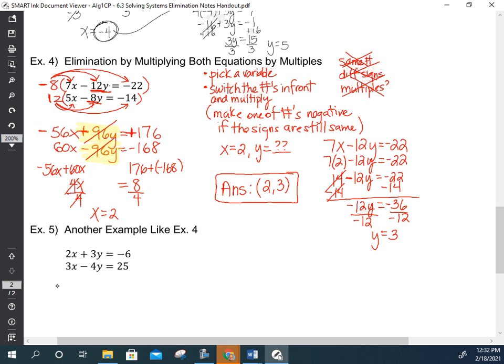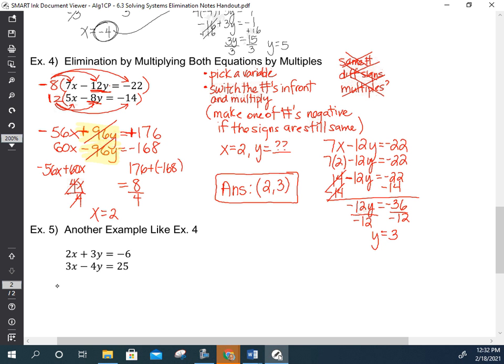Any questions on example 4 before we close it up?